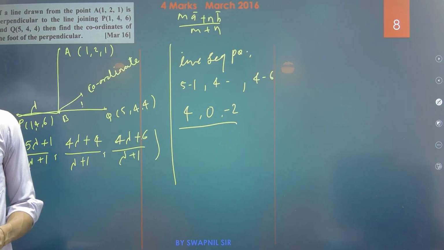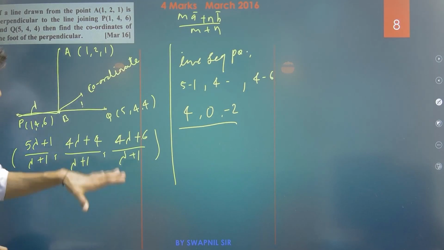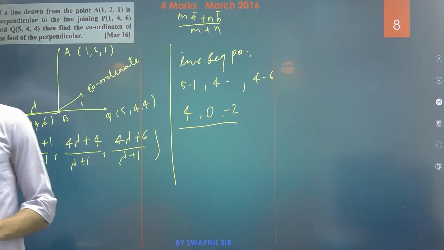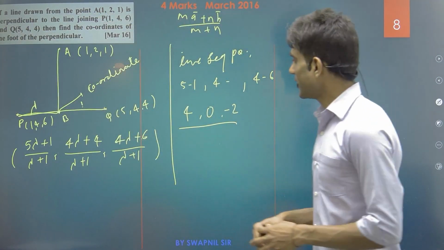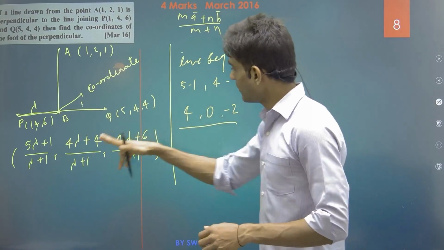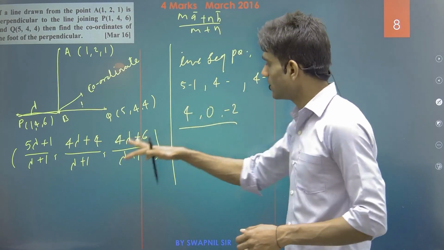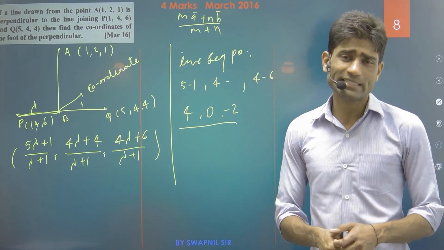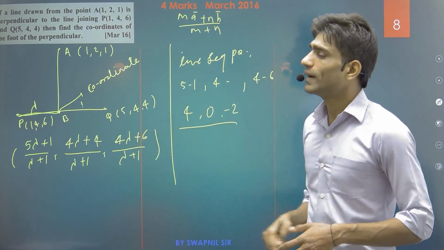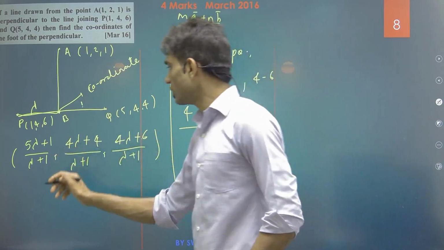Now take the linear combination: 4 multiplied by the first coordinate, plus 0 multiplied by the second coordinate, plus minus 2 multiplied by the third coordinate.